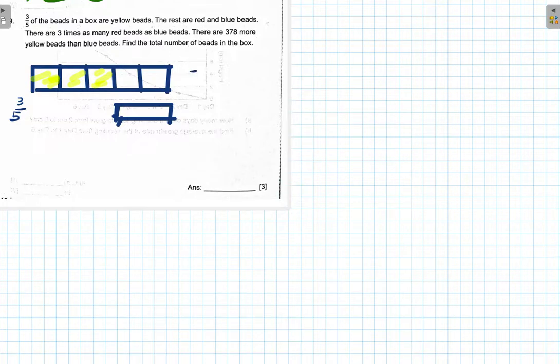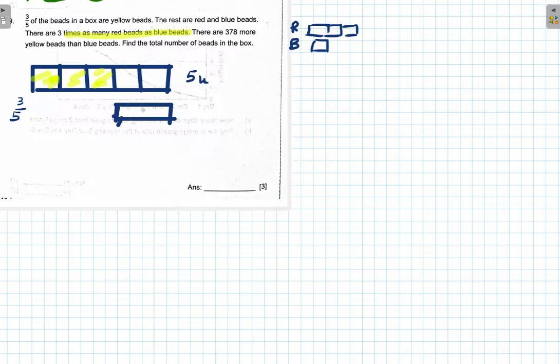So you know here total is 5 units, right? And here is how many units? Okay. You know that over here are red and blue, but you don't know how many are red, how many blue. But then here gave you a clue. So there are 3 times as many red beads as blue beads. So 3 times as many reds as blue. So reds have 3, right? If blue is 1, red is actually 3.